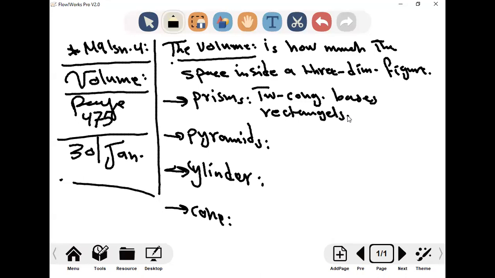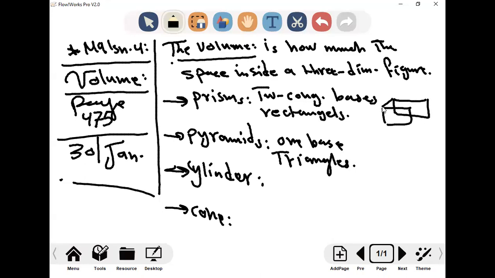In the pyramids, we have 1 base, and the sides are triangles. Something like this, we call it a rectangular prism because its base is a rectangle. Something like this, the pyramid, we call it a square pyramid because the base is a square and the sides are triangles, and it has 1 base.